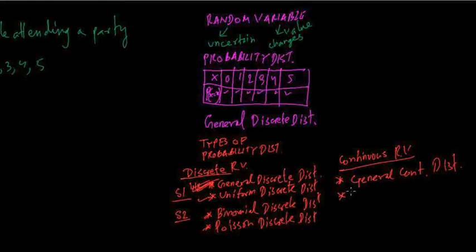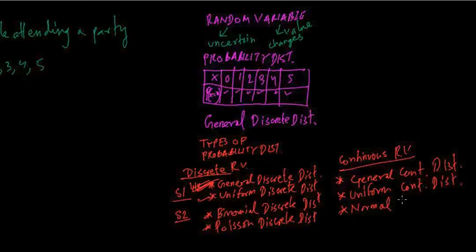Then we have the uniform continuous distribution. And we have the normal continuous distribution. We just call it the normal distribution.